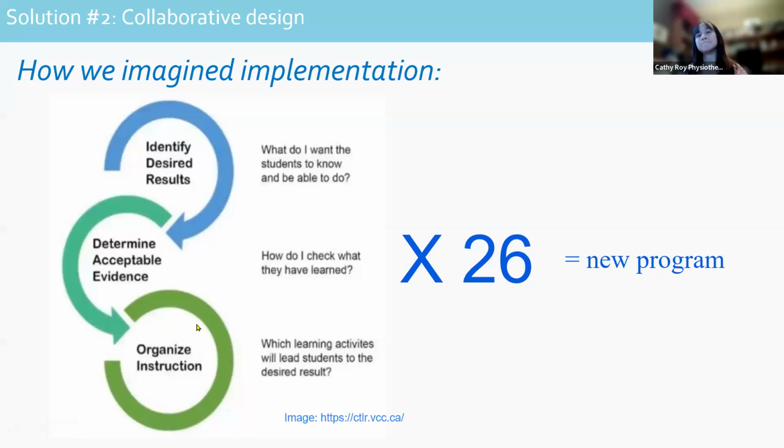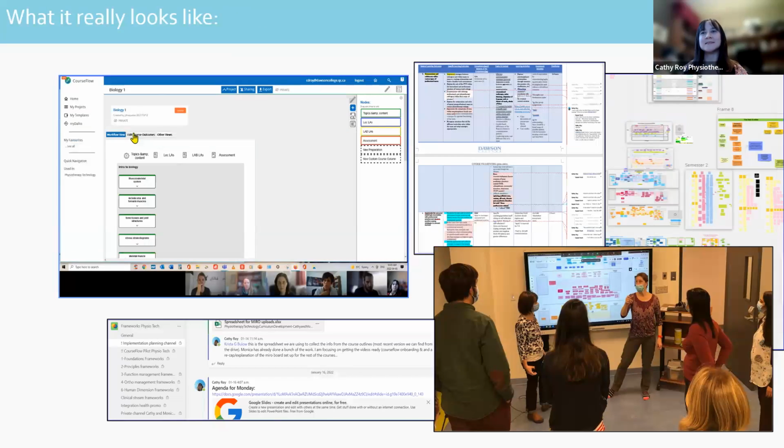So then do that 26 times, put it all in nice tables, and whoop, voila, finished. And you have a brand new program. That's how I envisioned all of that starting. And this is more what it ends up looking like. And we're still in it 2 years later.